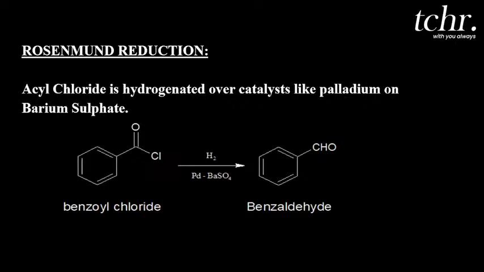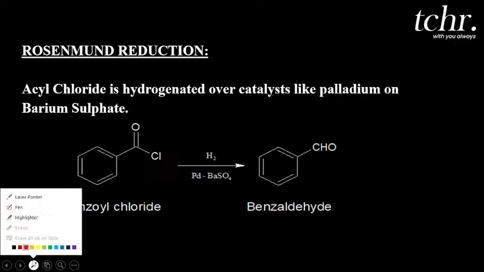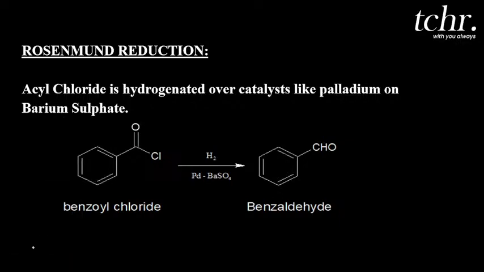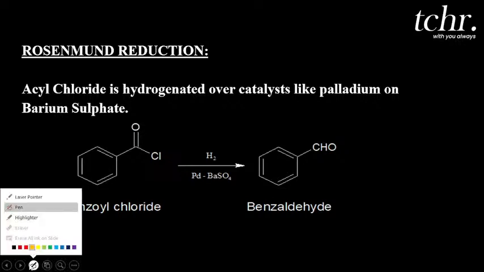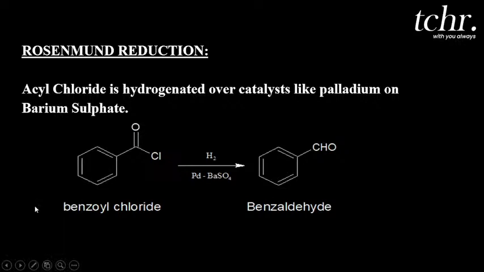Let us start with the first naming reaction of aldehydes, ketones, and carboxylic acid, that is Rosenmund's reduction. Students, this Rosenmund reduction is a reaction to prepare aldehyde.